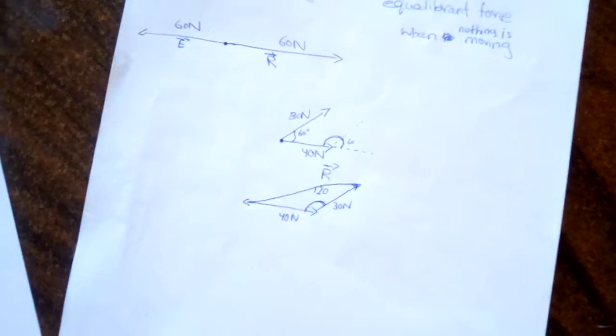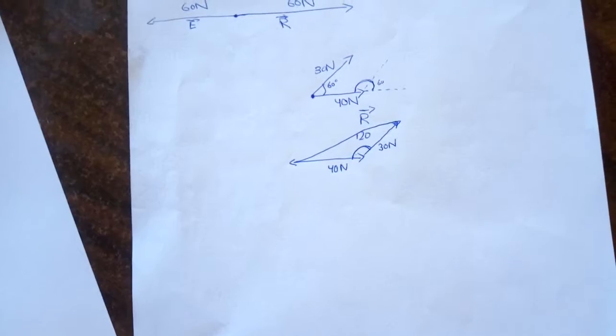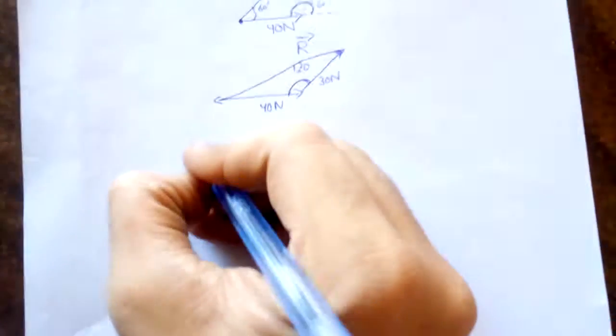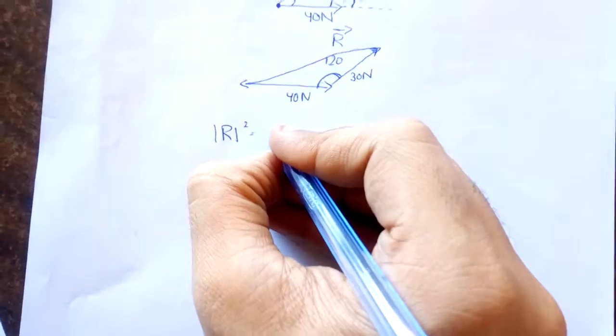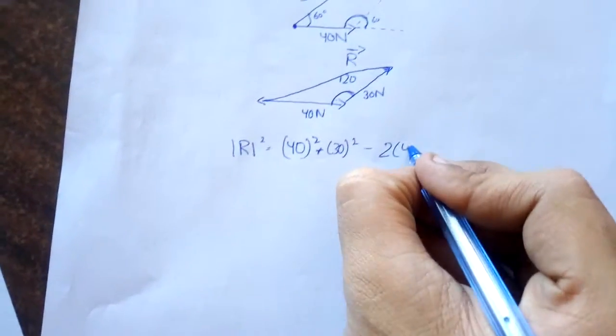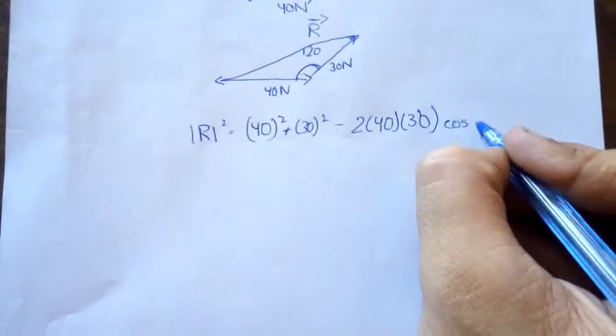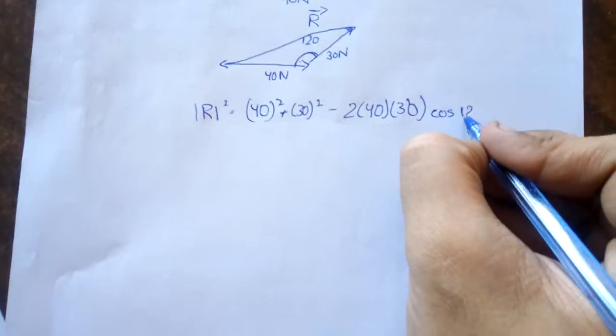Now, as this is not a right angle triangle, there is no right angle, so we will be using the cos formula, which will be 40 squared, one side squared, plus another side squared, minus 2 times one side, then another side, then the cos of 120, which is the angle we have over here.